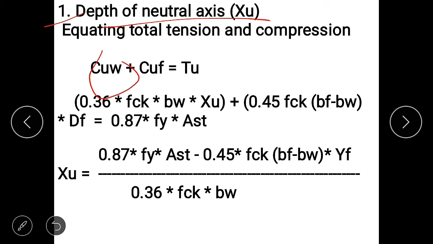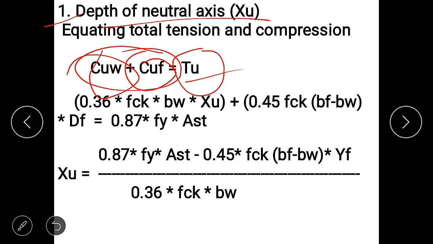Tension is Tu, and compression is Cuw plus Cuf, the compressive stress in the flange. So Tu equals Cuw plus Cuf. The formula for Cuw is 0.36 fck bw into Xu, and the formula for Cuf is 0.45 fck into (bf minus bw) into Df. And the Tu formula is 0.87 fy into AST.